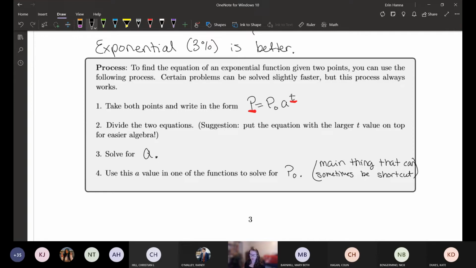You can always do this full process out even if you're originally given the P naught. And I'm going to do that for one of them because it's going to come out slightly different for a reason, and I want you to see that. So that's the process we're going to use. I'll hold on for 5 seconds in case people are still writing that down.